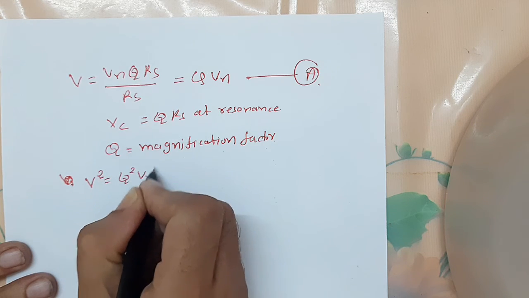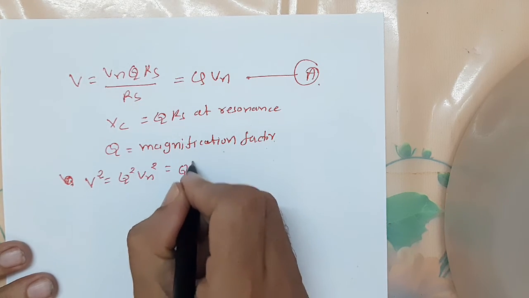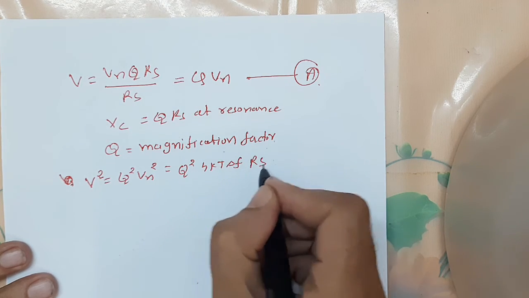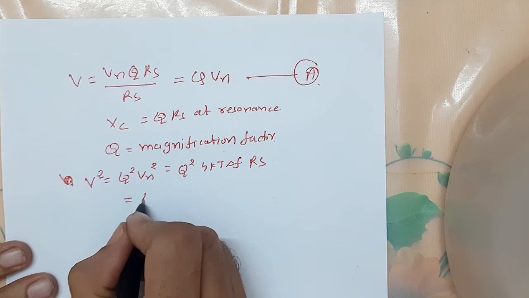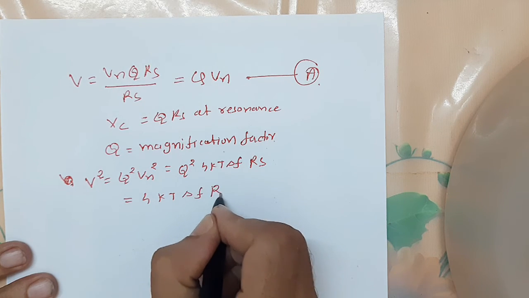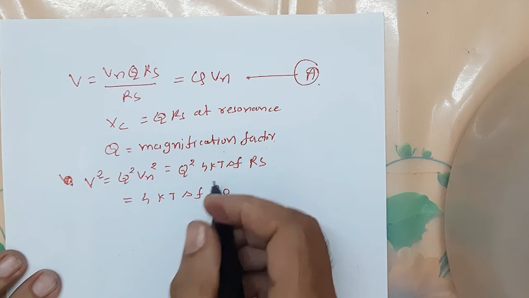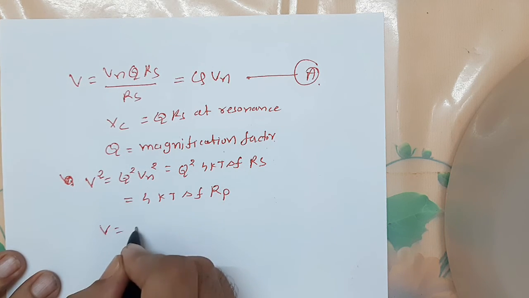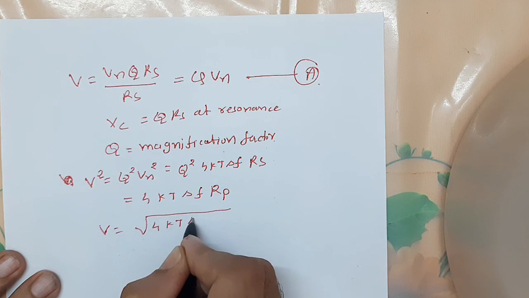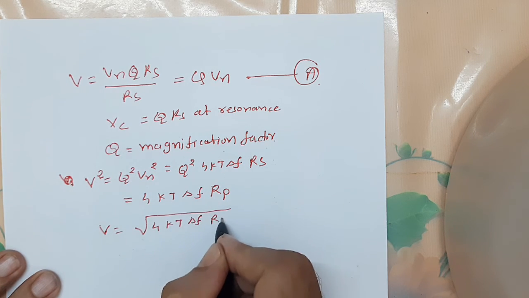So we know that V square is Q square Vn square, Q square 4kT delta F Rs, and this is equal to 4kT delta F Rp, where V is equal to the square root of 4kT delta F Rp.